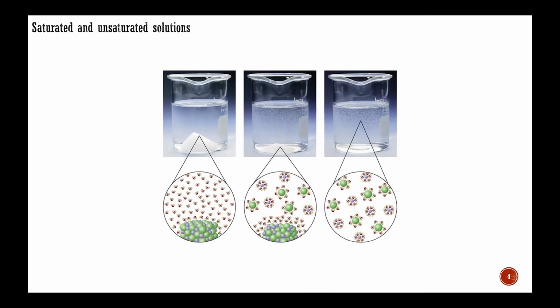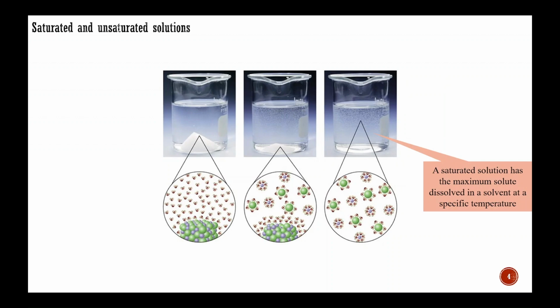Solutions can also be classified by the amount of solute dissolved relative to the maximum amount that can be dissolved. A saturated solution is one that contains the maximum amount of solute that will dissolve in a solvent at a specific temperature. The amount of solute dissolved in a given volume of a saturated solution is called the solubility of that solute.